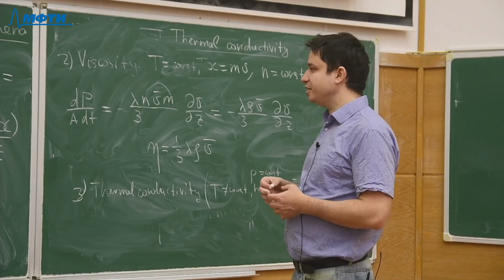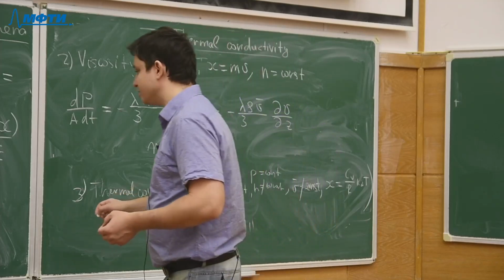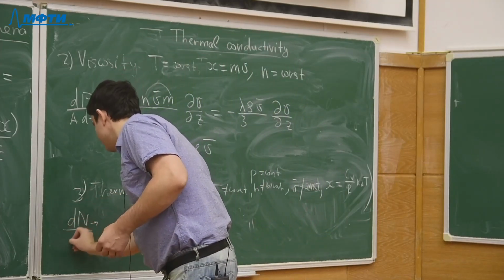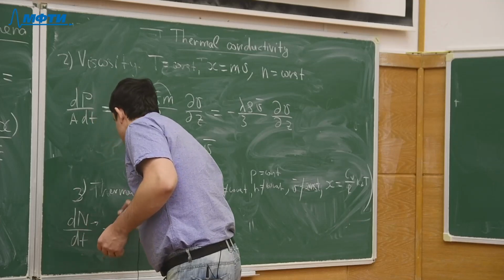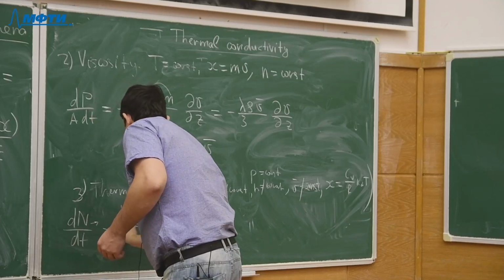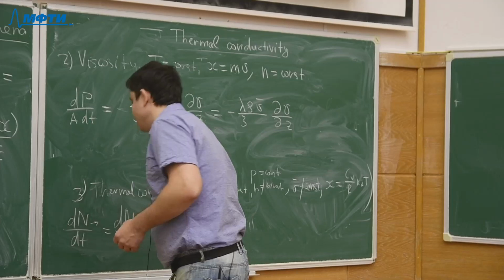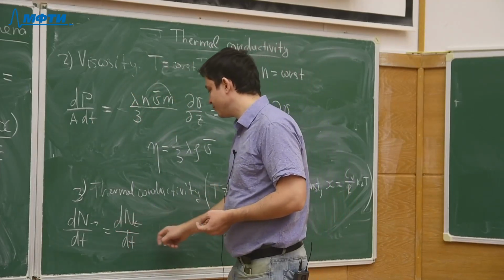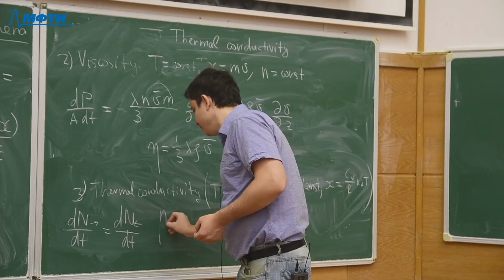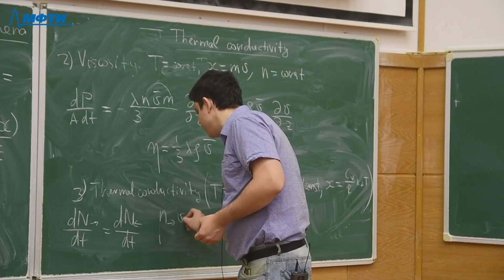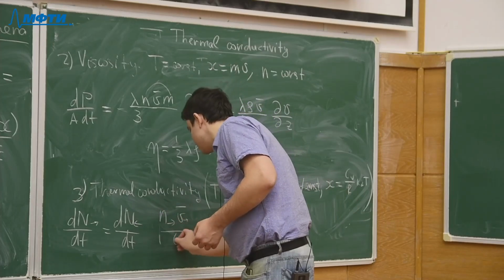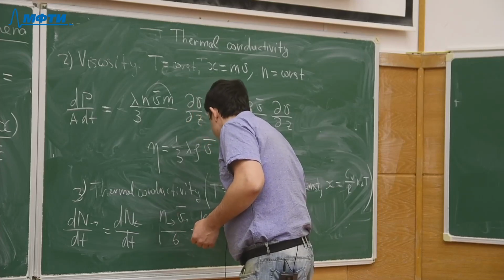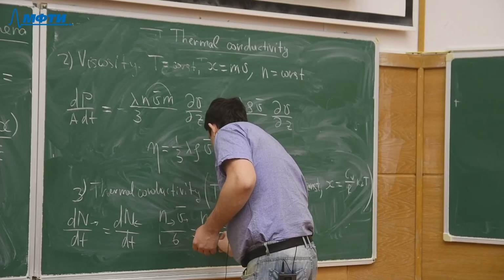So that means that the number of molecules going in one direction per unit of time equals the number of molecules moving in the other direction per unit of time. And that is what allows us to resolve the difficulty, because n to the right times V average to the right over 6 equals n to the left times V average to the left over 6.